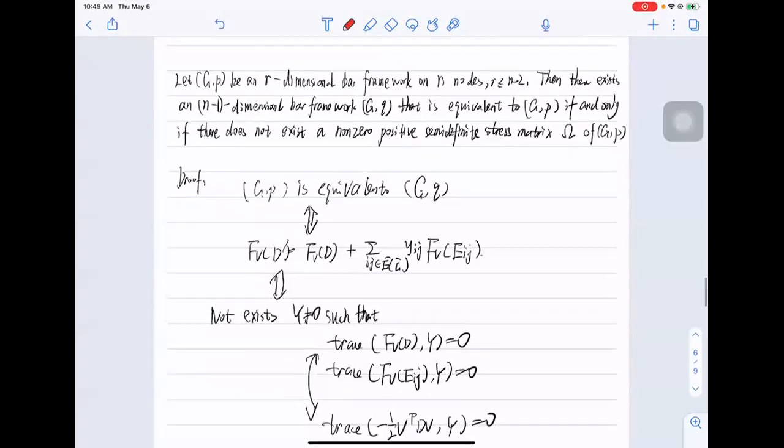So let's say D is the EDM of GP, and D bar is the EDM of GQ.